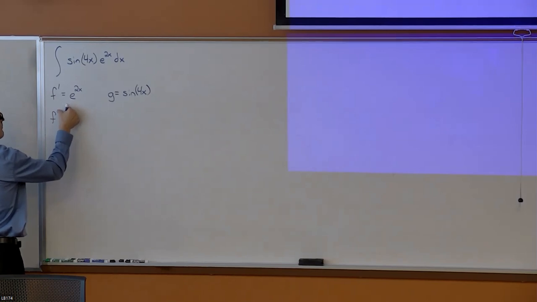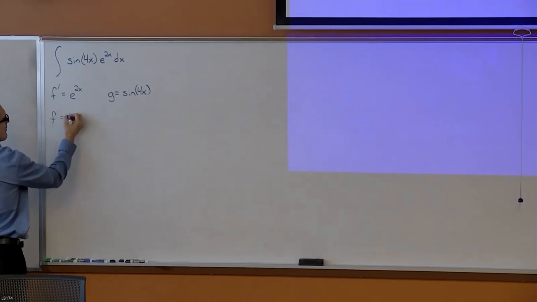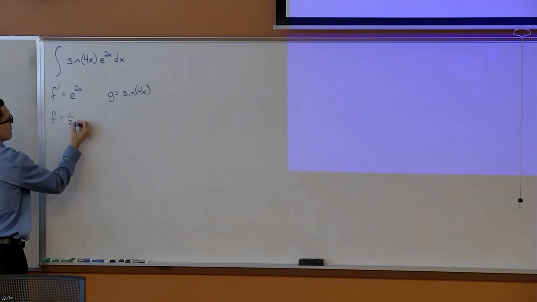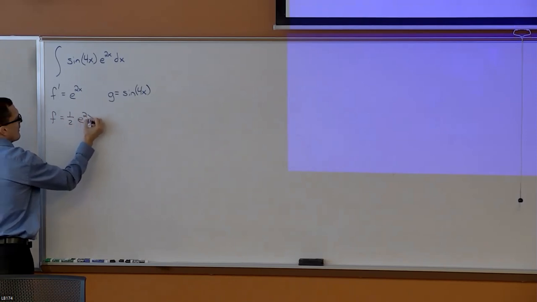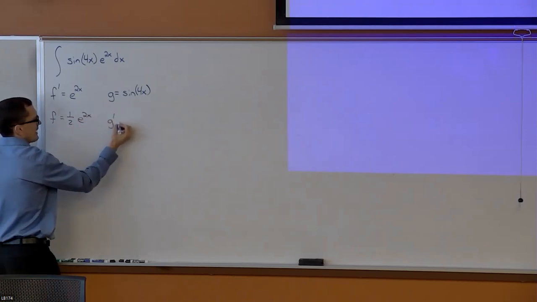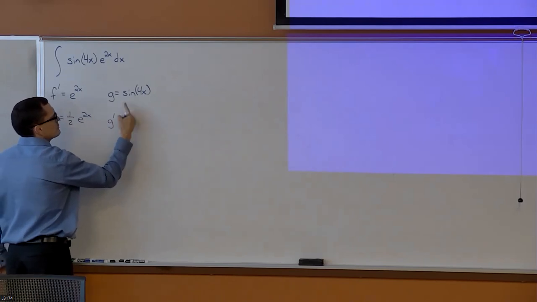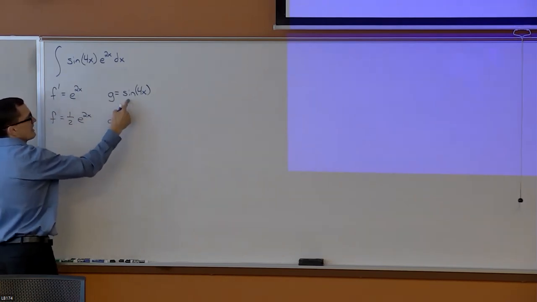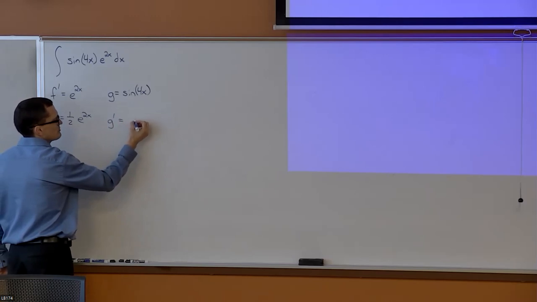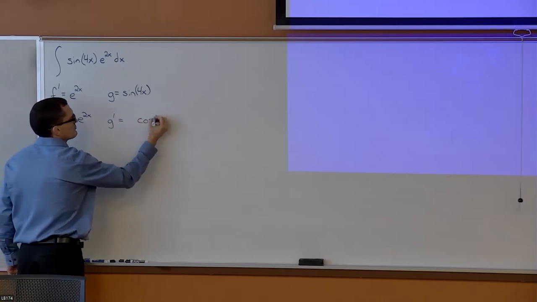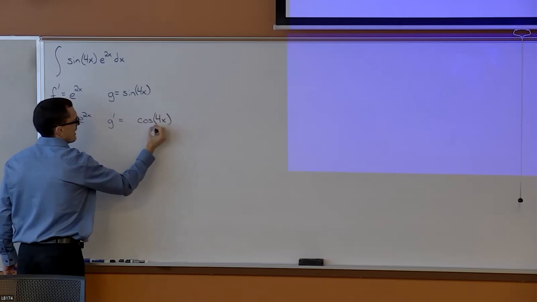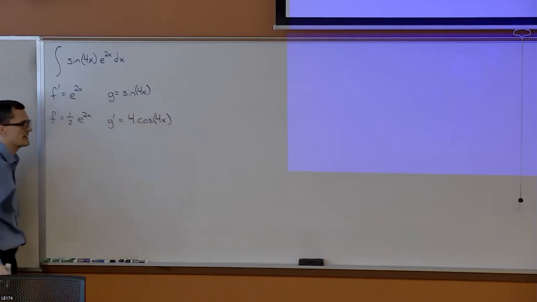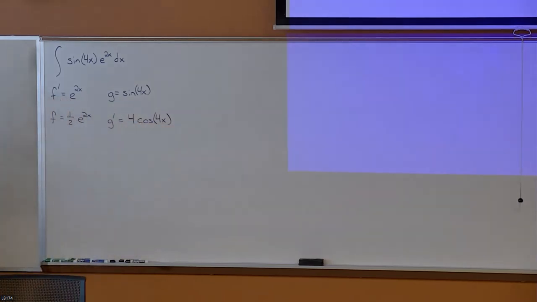So I just got to pick one to be my f prime, and the other to be my g. Derivative of sine is going to be cosine. Since we have 4x on the inside, we're going to multiply by 4 on the outside. Well, this is chain rule: multiply times the derivative of the inside function. Derivative of 4x, just 4.